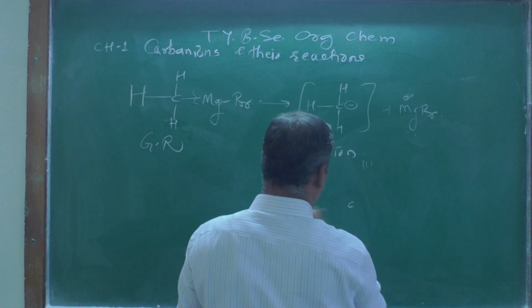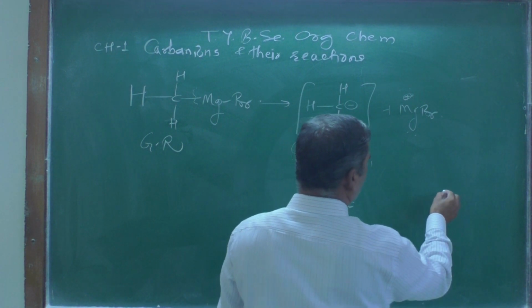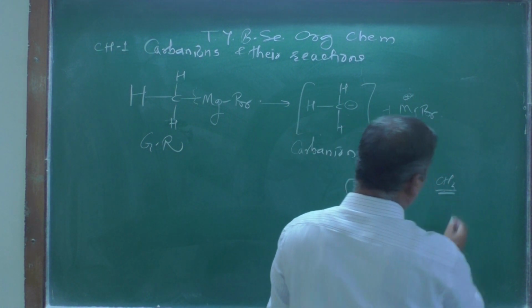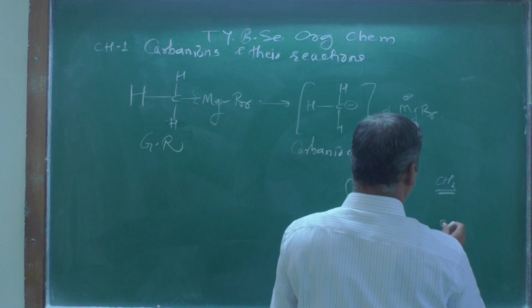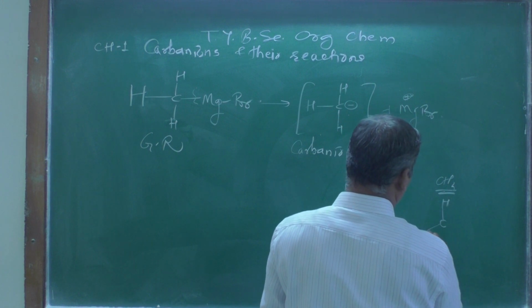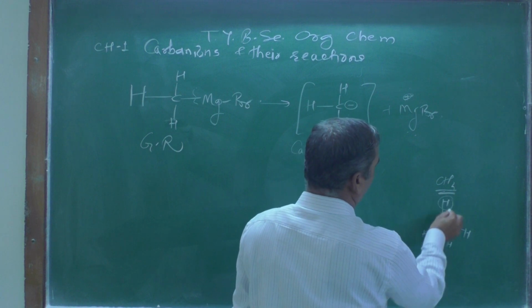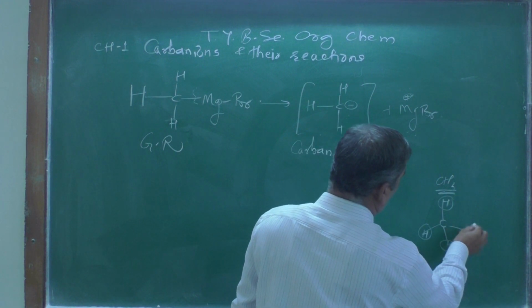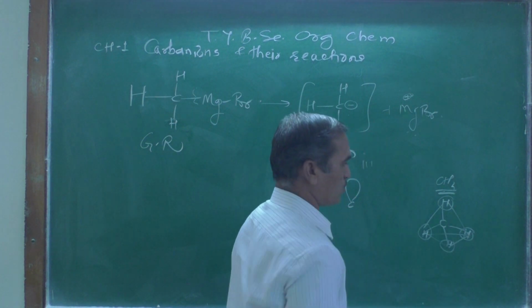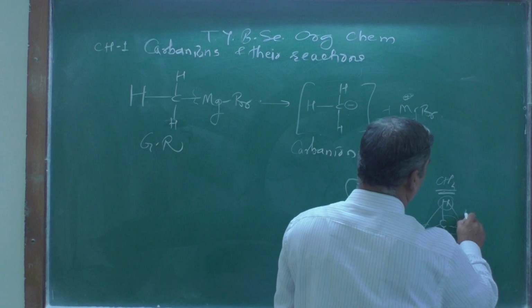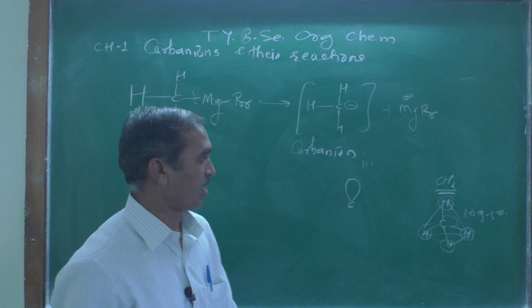Similar to the carbanion, in a methane molecule, CH4, it shows a tetrahedral geometry. The carbon atom is the central atom and the hydrogen atoms are arranged in a regular tetrahedron, and the bond angle is 109.5 degrees, the standard bond angle in tetrahedral geometry.